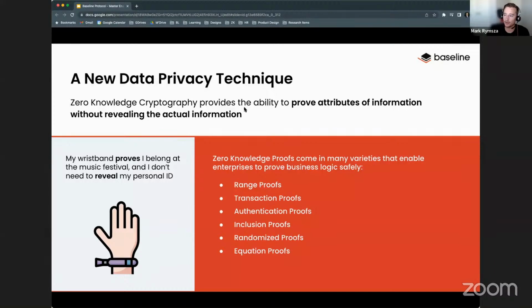It can be applied to a host of things. There's a handful of different proofs that you can generate and then verify on chain using the protocol, like a range proof, transaction proofs, authentication proofs, inclusion proofs, all sorts of different things.